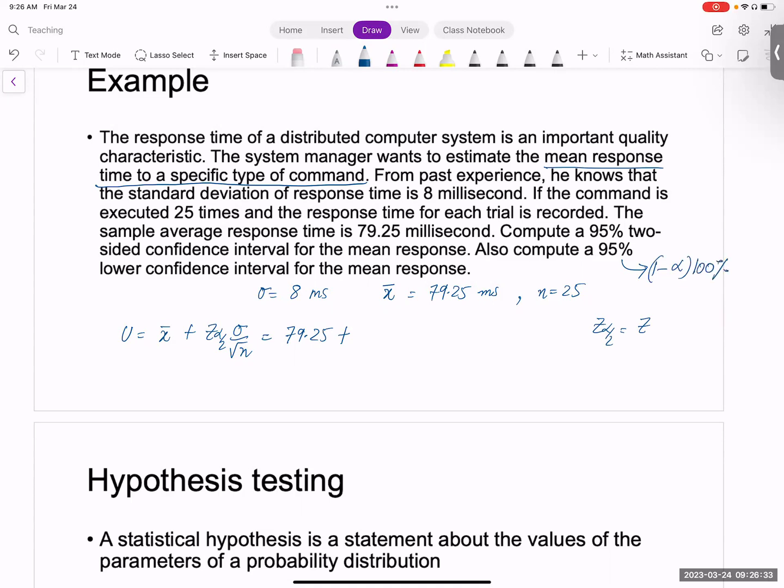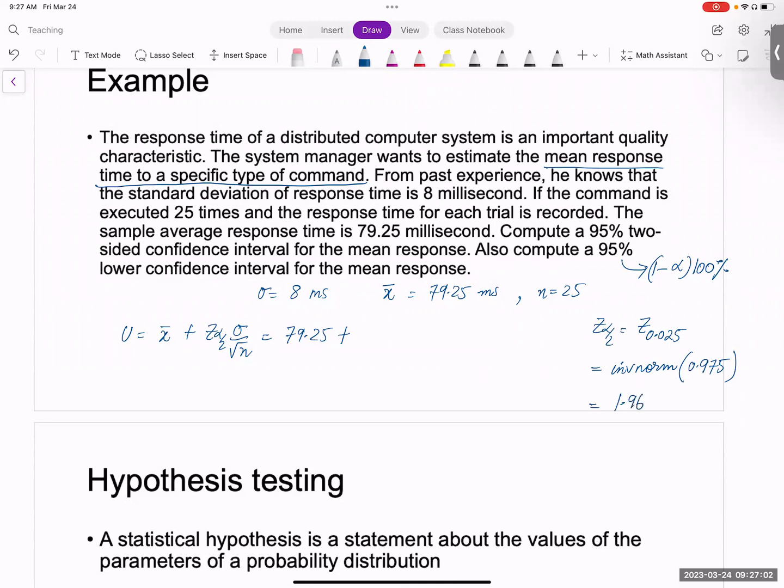So we can get alpha as 5% from here, or alpha equals 0.05. So alpha over 2 is 0.025. And then you can do INV norm on your calculator, 1 minus 0.025, which is 0.975. And then this will give you 1.96.